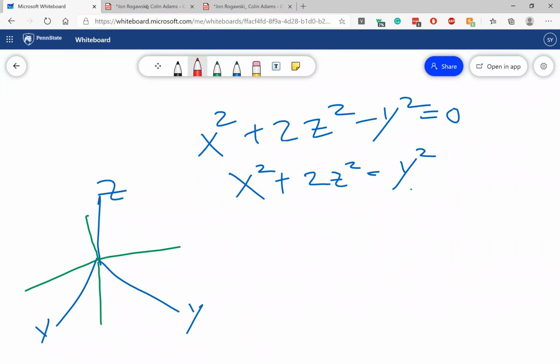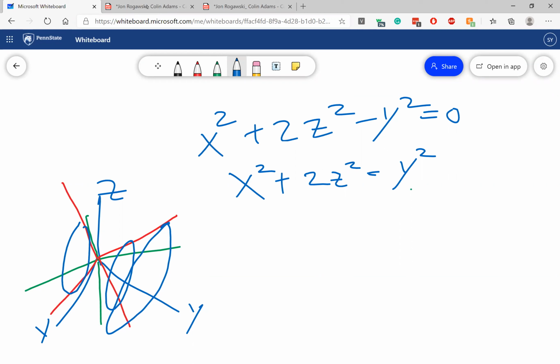So that's in the y, like that. And then in the other thing, you get a cone. So then you would get circles like this. And that gives us a cone.